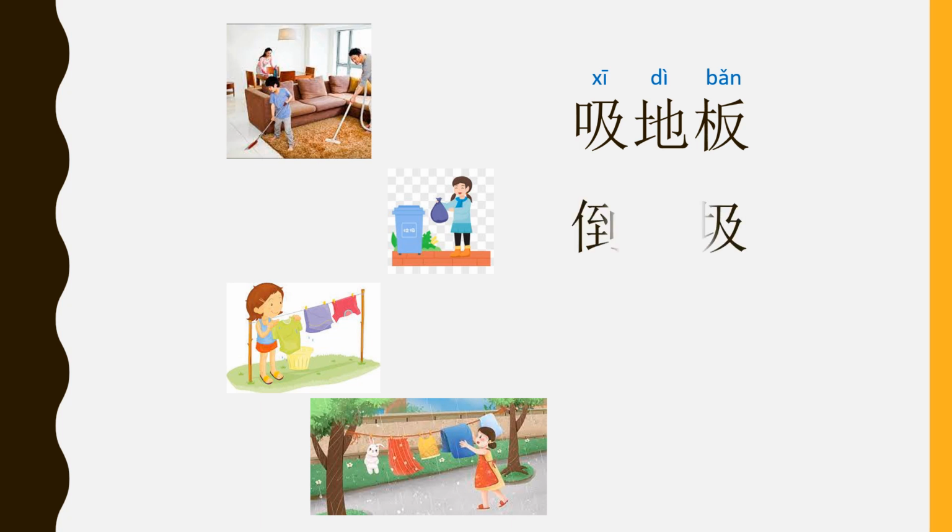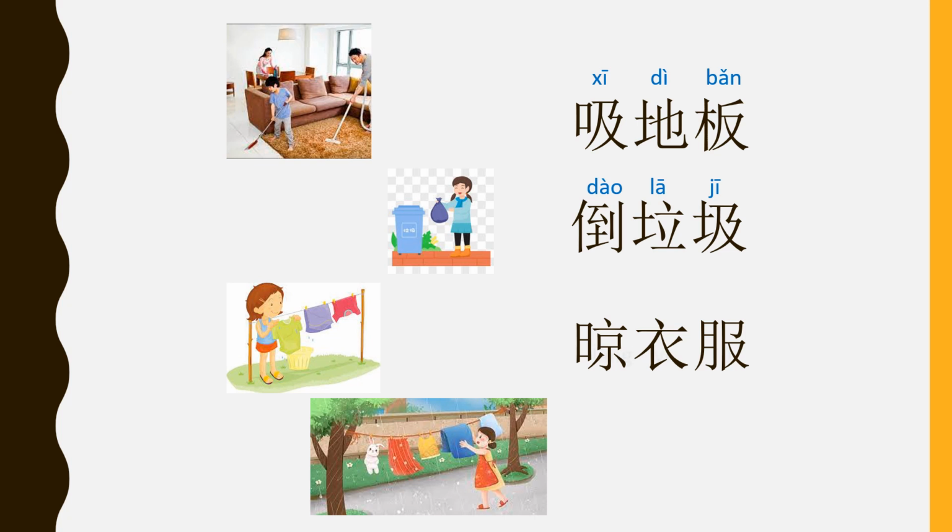Okay. The second one, let's throw away the rubbish. The verb is 倒, 倒垃圾. Or you can always say 扔垃圾, or 丢垃圾. So all of them are correct. 晾衣服.